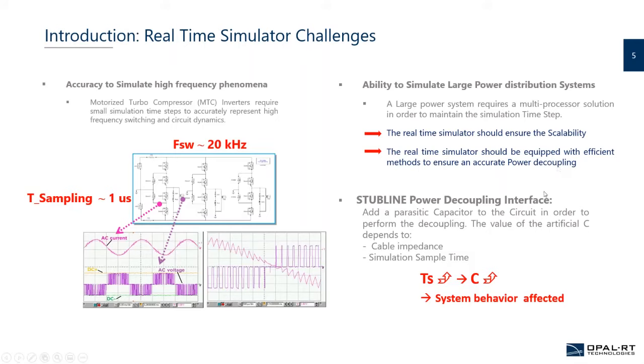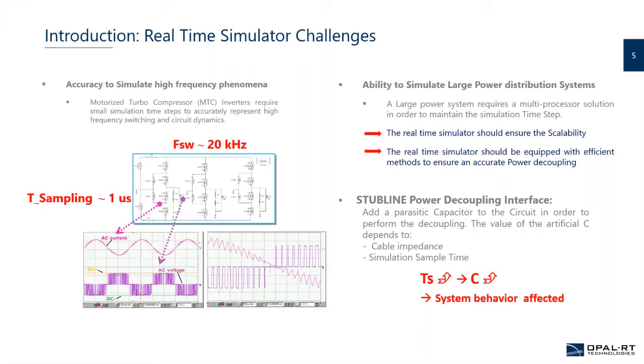As an example, the most famous power decoupling method is the so-called stub line power decoupling interface. This method adds a parasitic capacitor to the circuit in order to perform the decoupling. The value of this artificial capacitor depends on the cable impedance on one side, and on the simulation sample time on the other.